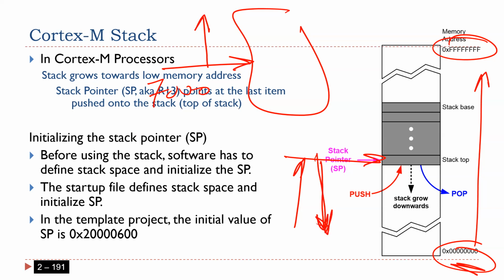So assuming FF is here and 00 is here, what I explained before would mean coming to here when I push. This is not our case. Our case is the opposite. If I'm here and I want to push, I have to decrement the stack pointer, not increment.